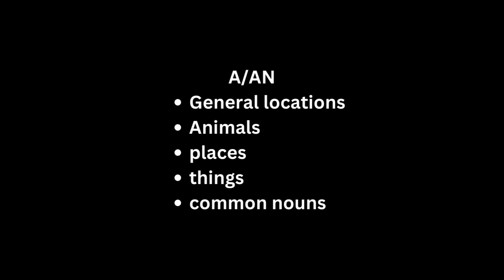You can use the indefinite article or definite article when you're referring to locations in general, places in general. For example, he is going to the supermarket. This is a supermarket, and we're going into the supermarket.